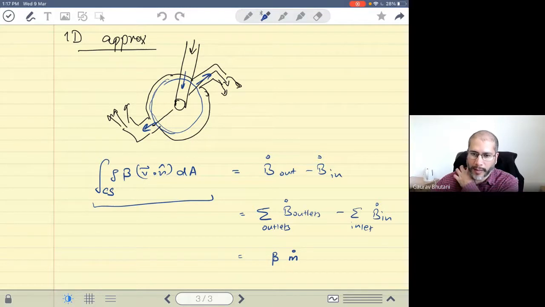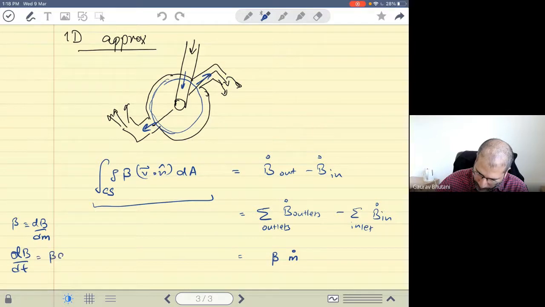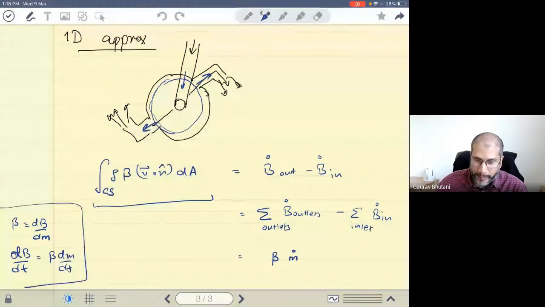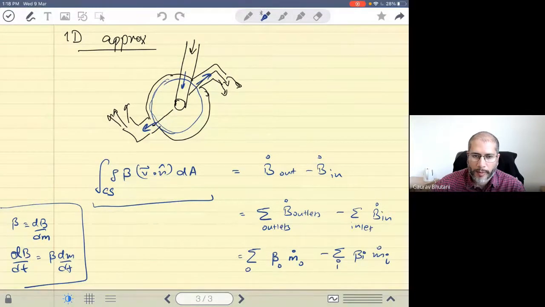That's how we defined the intensive property beta. So beta was dB by dm. Okay, so we can write it this way.